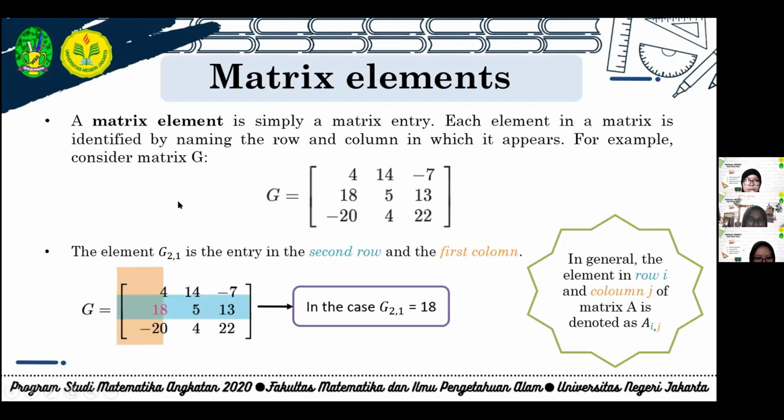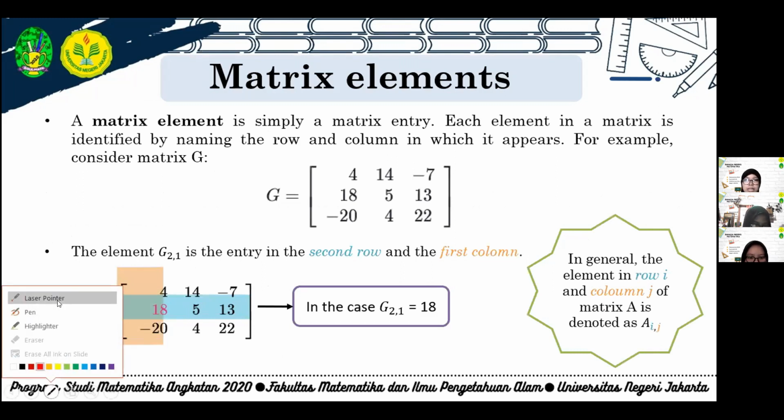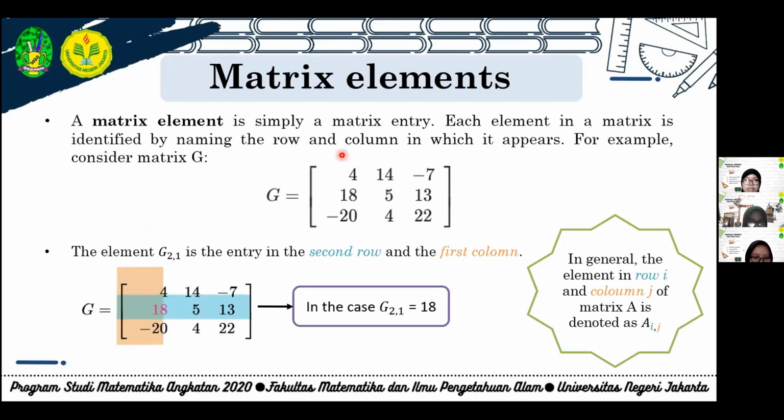So, the matrix element. A matrix element is simply a matrix entry. Each element in a matrix is identified by naming the row and column in which it appears. For example, consider matrix D, with the elements 4, 18, minus 20, 14, 5, 4, minus 7, 13, and 22.